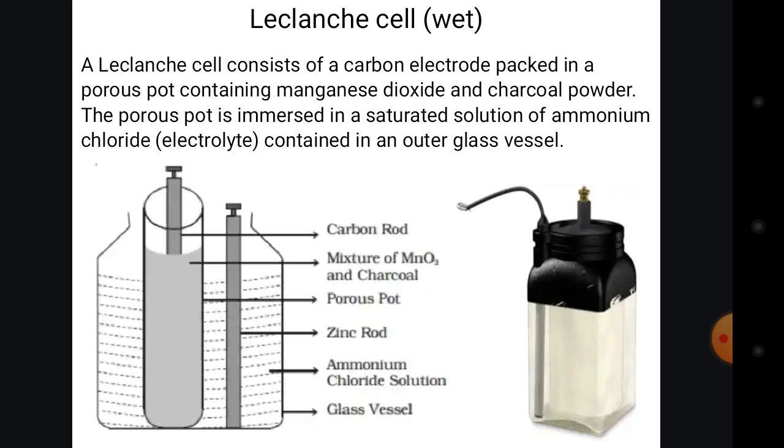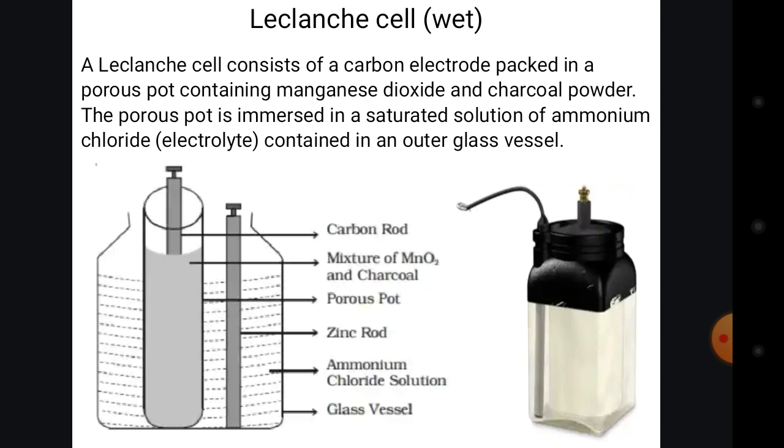So the other one is the Leclanché cell. The Leclanché cell is also called a wet cell. Normally when we say something is wet, we mean there is some water inside it. So a Leclanché cell consists of a carbon electrode.